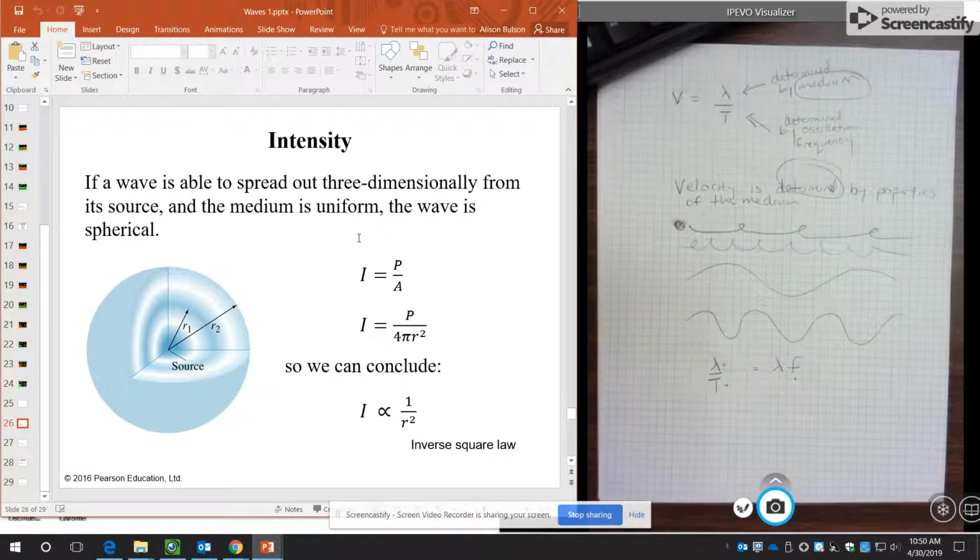So the amplitude is the maximum distance each particle has oscillated from equilibrium.